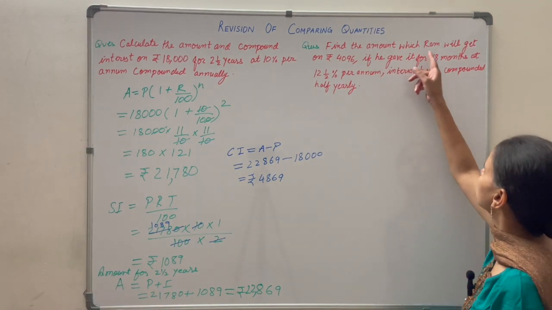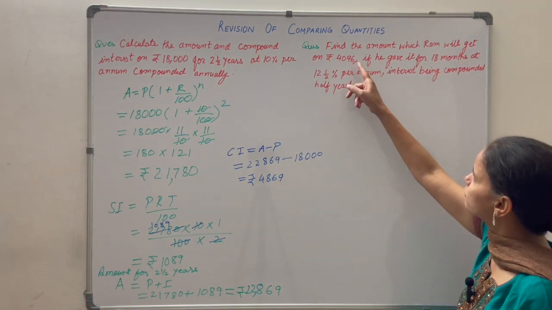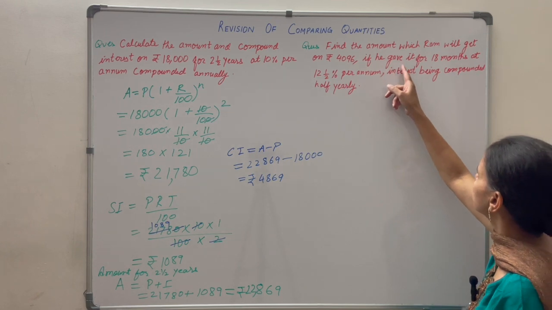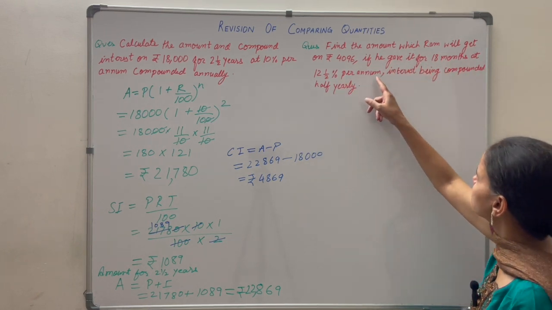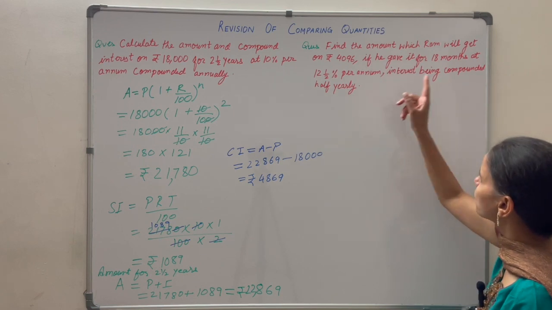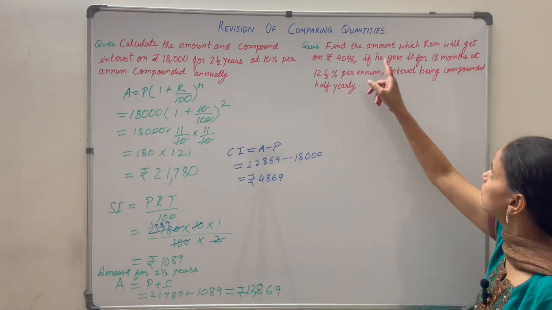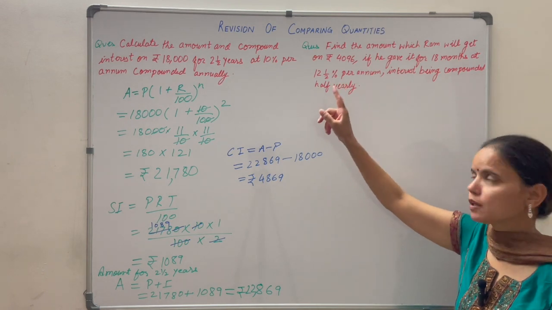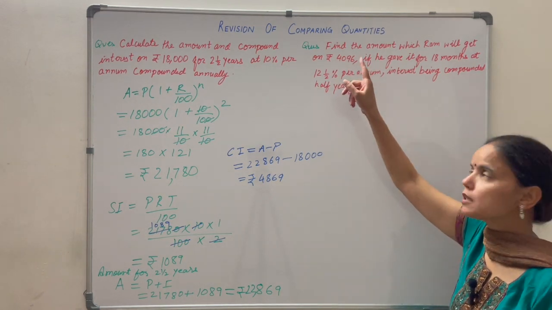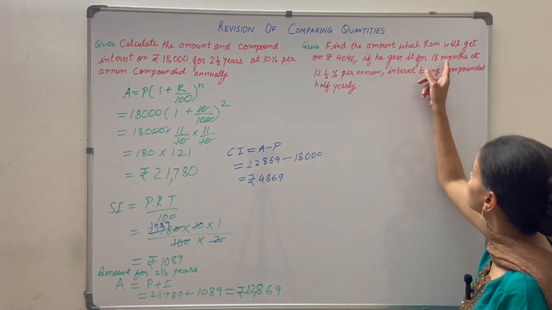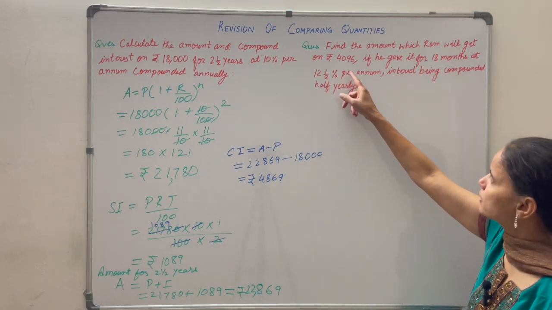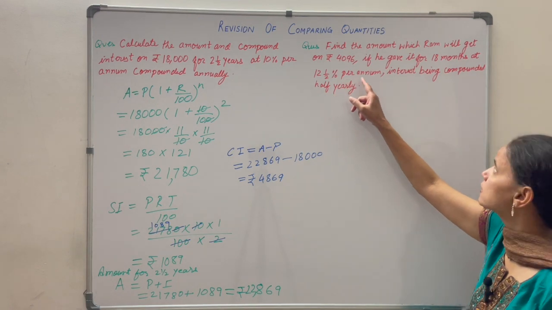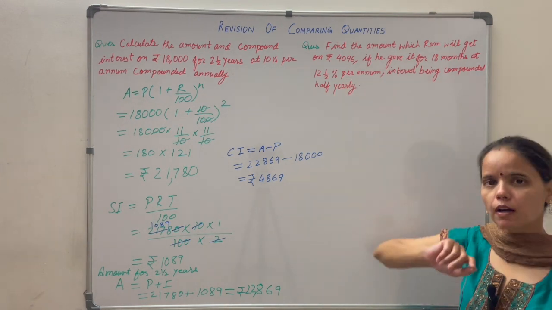Find the amount which Ram will get on rupees 4,096 if he gave it for 18 months at 12.5% per annum, interest being compounded half yearly. So here you need to find out the amount, and 4,096 is the principal, 18 months is the time period, 12 1 by 2% is your rate of interest, and it says compounded half yearly.